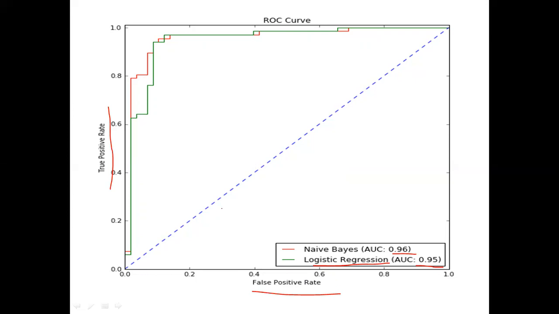Definitely this curve lies above the dotted line, on the true positive rate side, so my accuracy is acceptable for both the models. And if we compare both the models, here my Naive Bayes classifier is giving better accuracy than the logistic regression classifier. I hope, students, you are clear with this. Thank you.